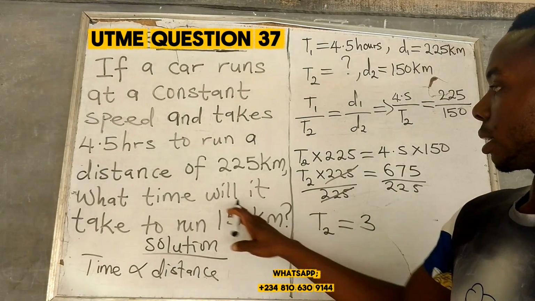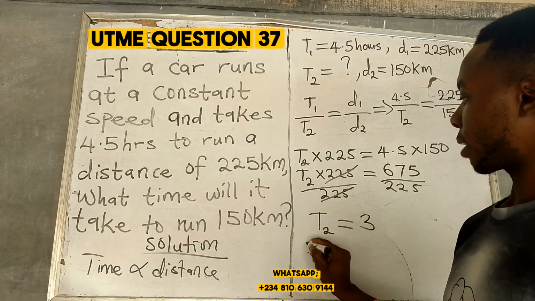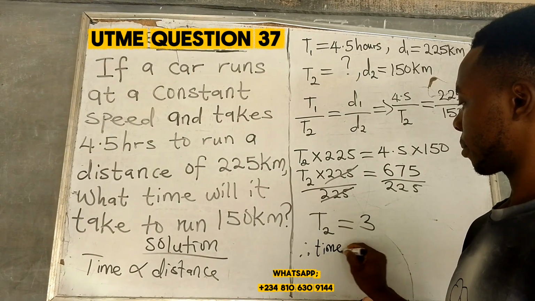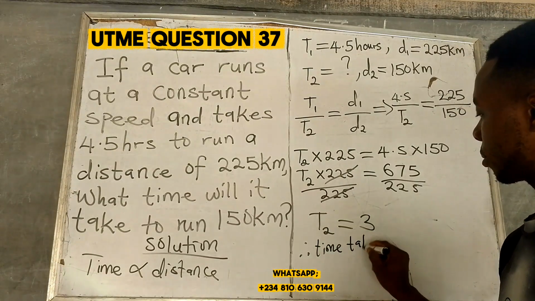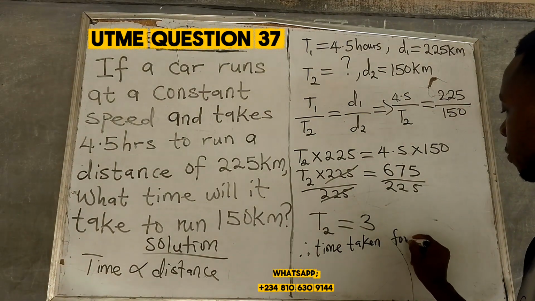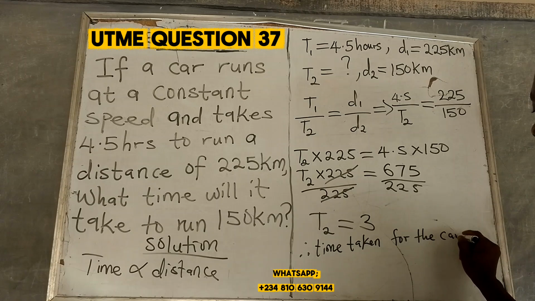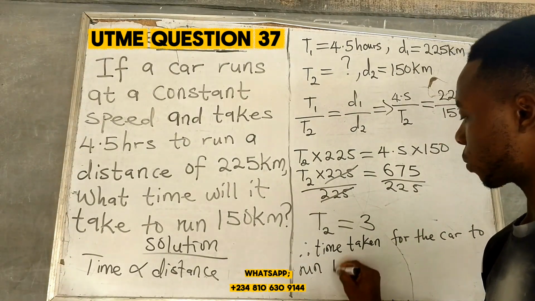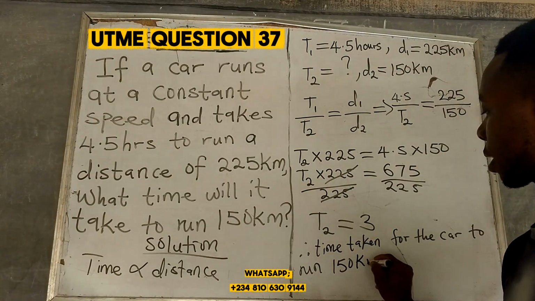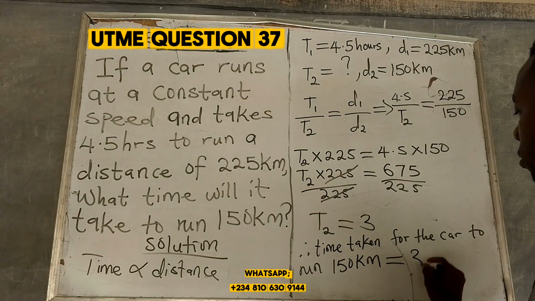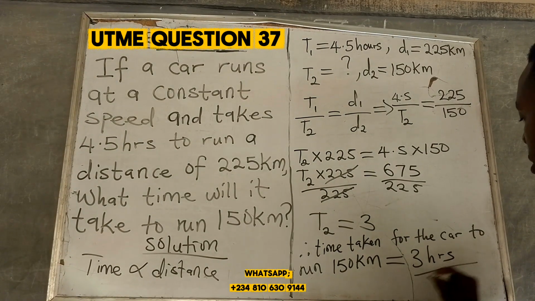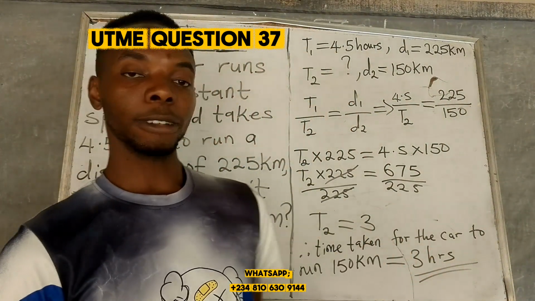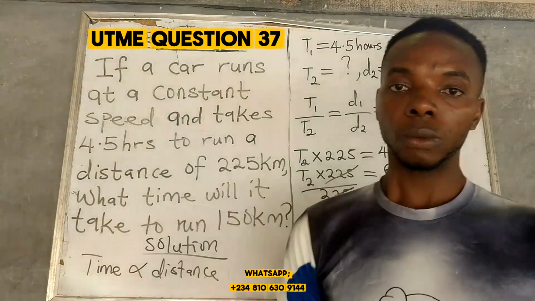So you say that, therefore, the time taken for the car to run 150 kilometers is equal to 3 hours. It's as simple as that, right? This is the final answer of this simple question.